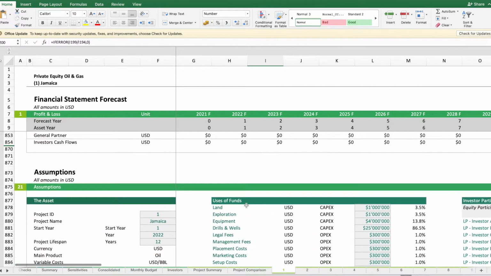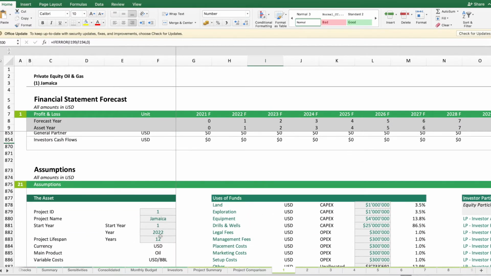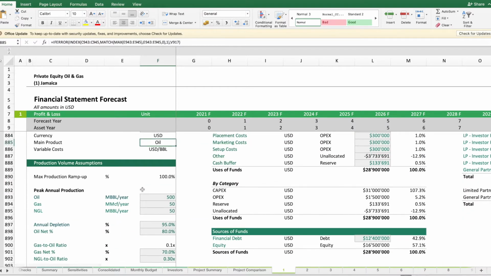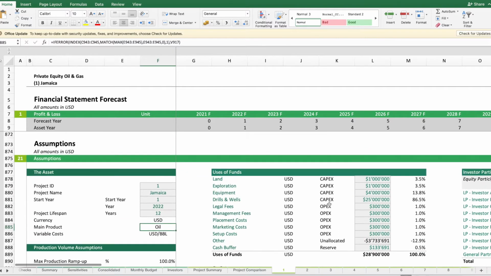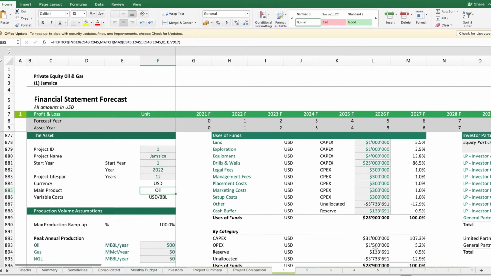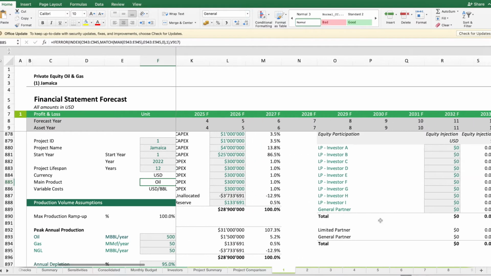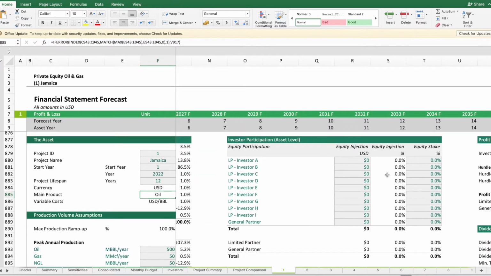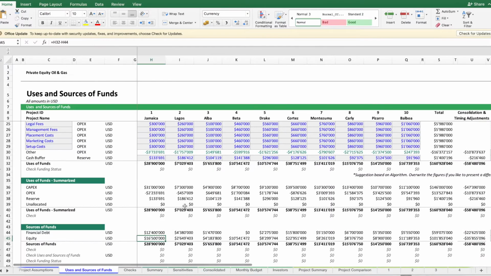And as you can see, there is a whole section which basically summarizes when the project will start, what's the main resource, what's the peak annual production, etc., what's the total uses and sources of funds, and then also the investor structure. One thing I forgot is, in terms of the investor structure, we have here the uses and sources of funds.